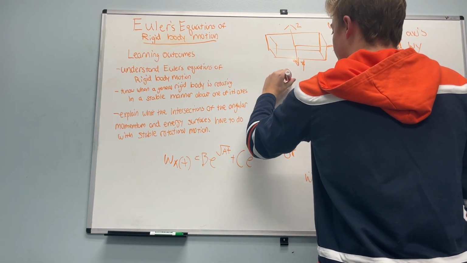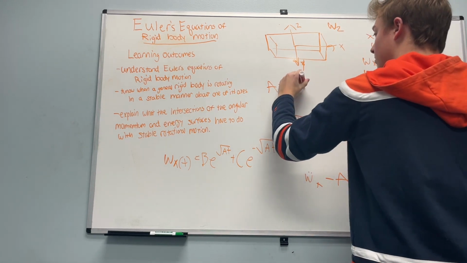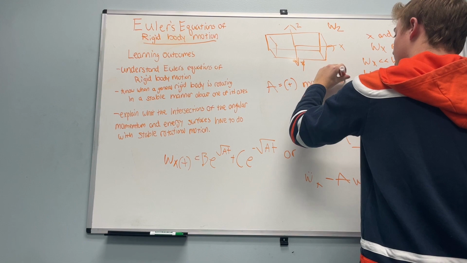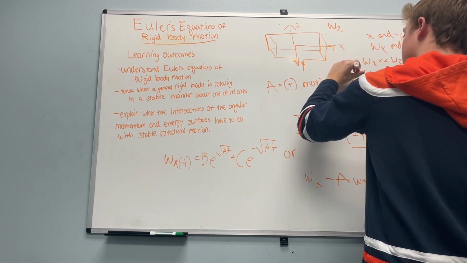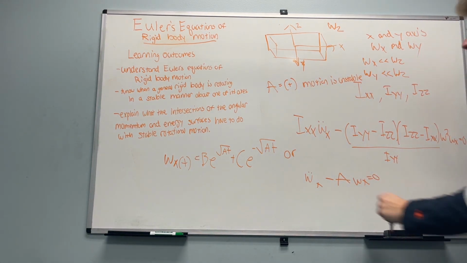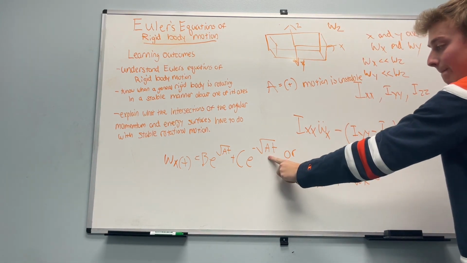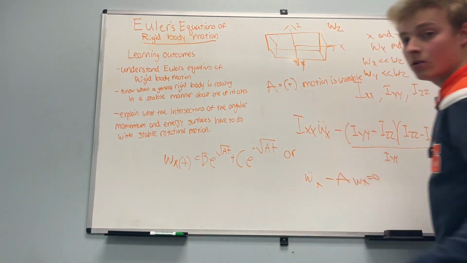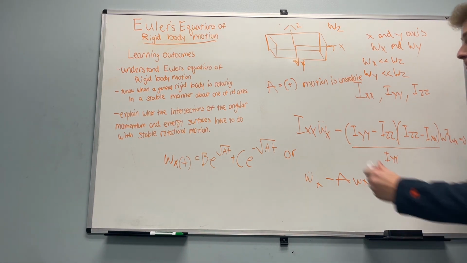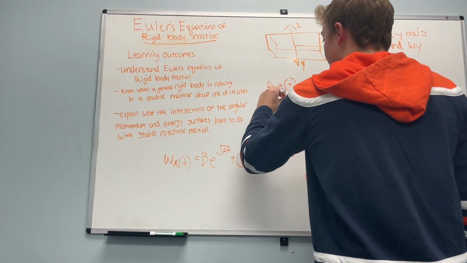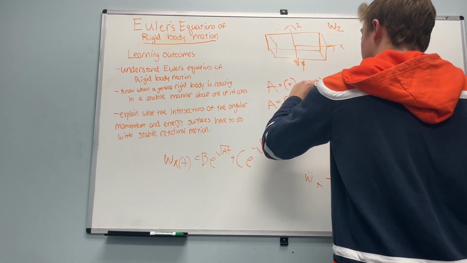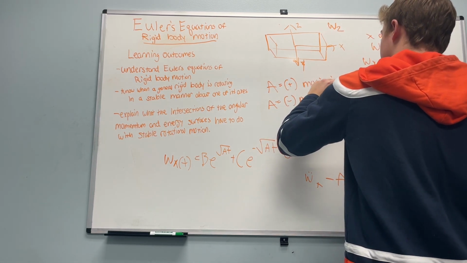So if a is positive, our motion is unstable. Now, if a is negative, then omega x will result in oscillatory motion, and our motion is stable.